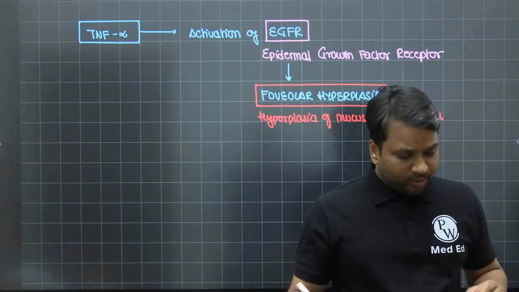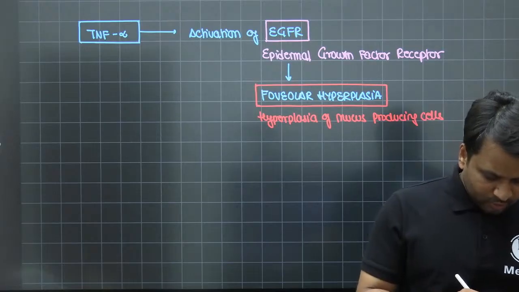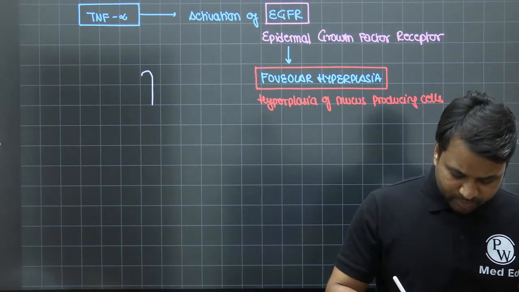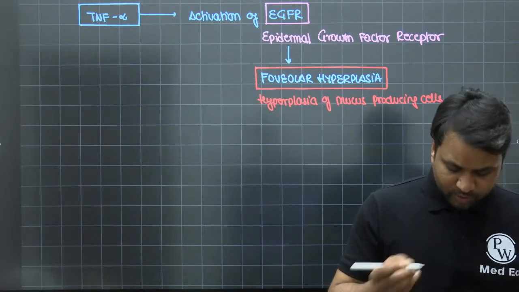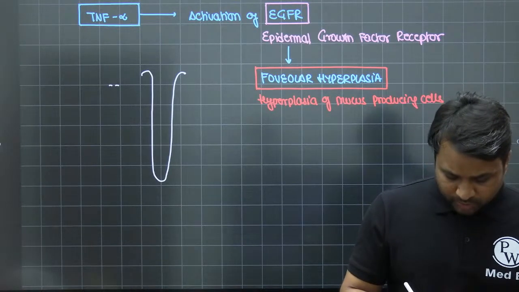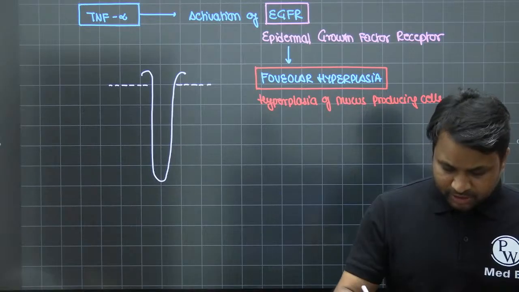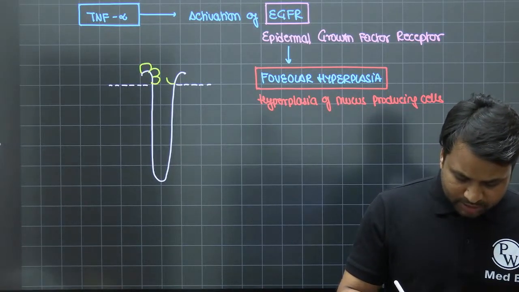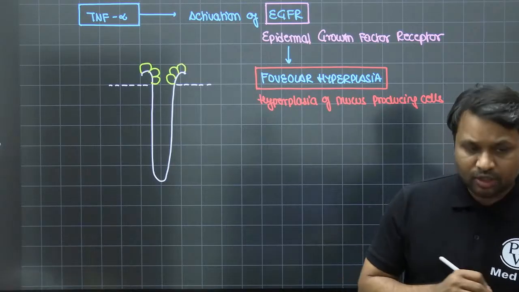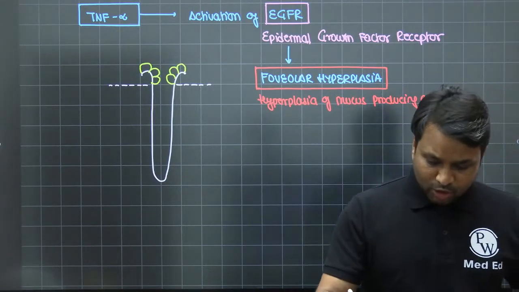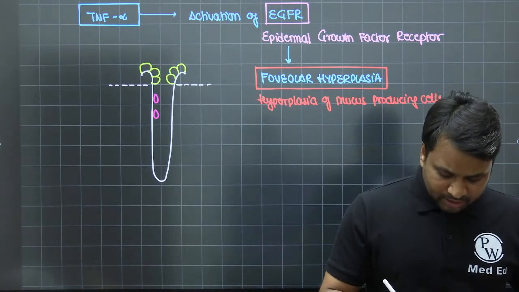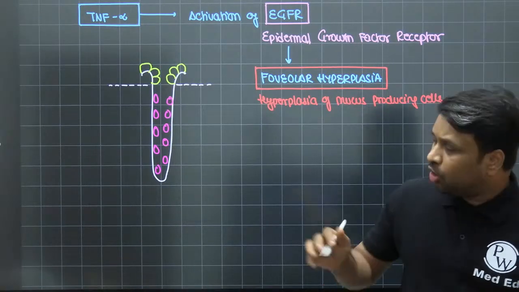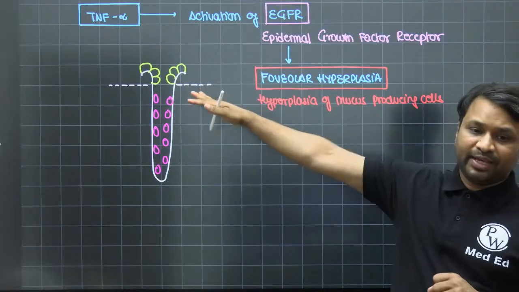So what is the problem if there is hyperplasia of the mucus producing cells? To understand that, you need to understand the gastric pit. Let's say this is how a gastric pit would look, right? Now this is the neck of the gastric pit, and on the surface of the neck of the gastric pit, these are your mucus producing cells. The rest of the different cells, which are your parietal cells, chief cells, enterochromaffin-like cells, are all present below the neck of the gastric pit.